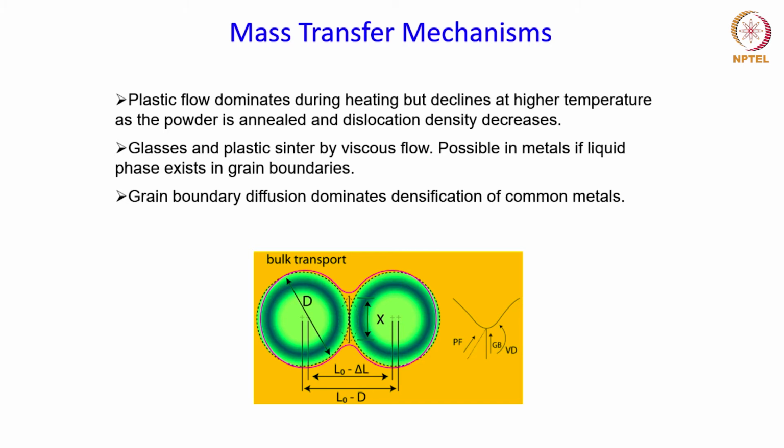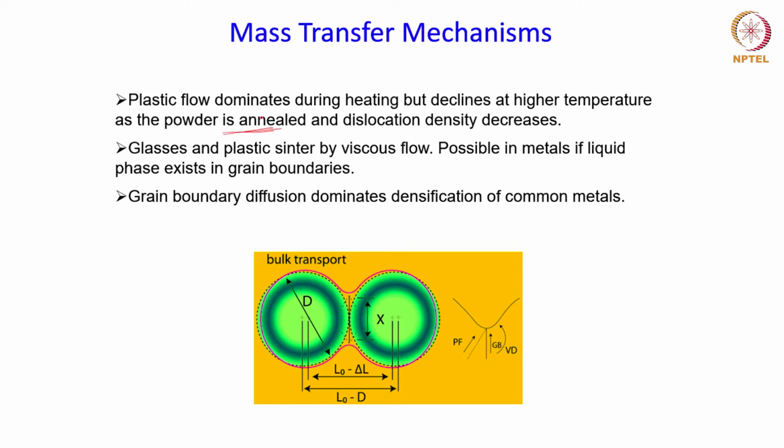Now this is a dominant mechanism in metals, and in case of metals, the plastic deformation is primarily controlled by the dislocation motion, right? So plastic flow will occur as long as the dislocations are there to move and cause plastic deformation. Now when you increase the temperature, these dislocations will be annihilated as the powder is annealed at high temperature.